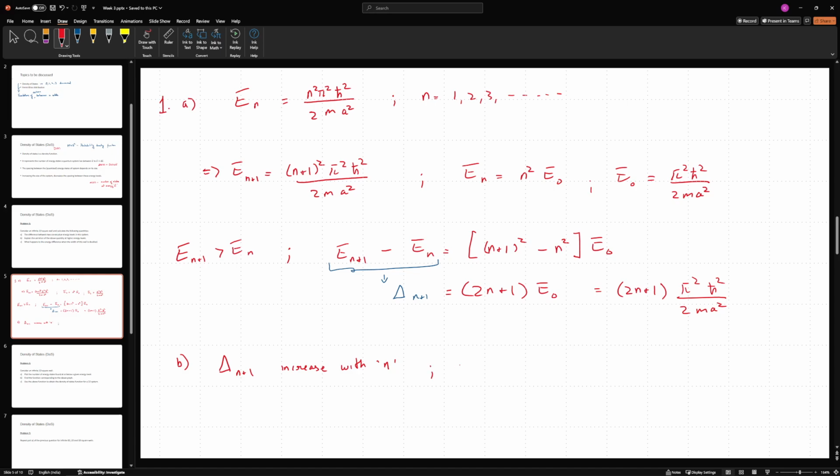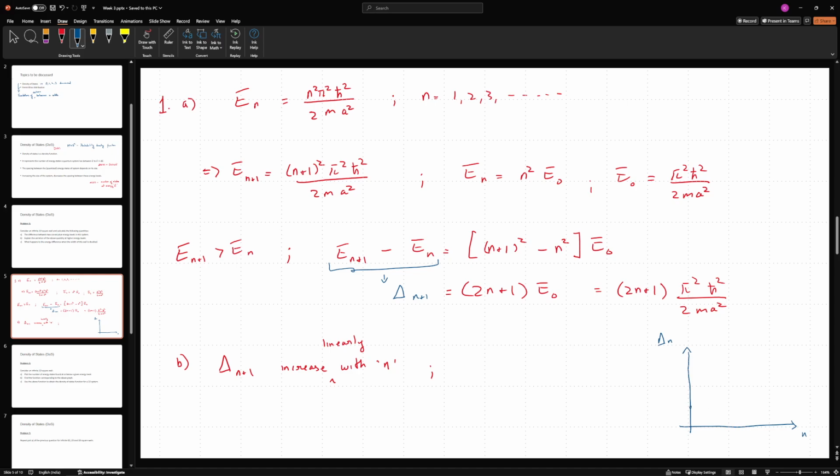And secondly, it increases linearly with n. We can also see that if I were to plot the variation of delta n versus n, then I know that this will, of course, never be 0 because there is a 1 here.